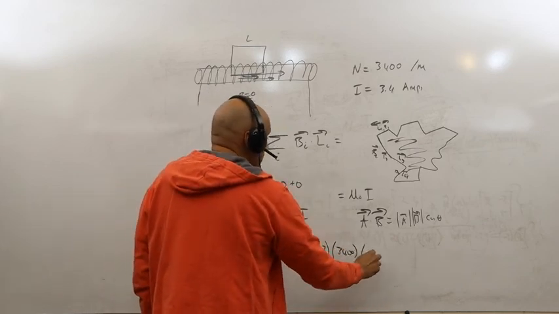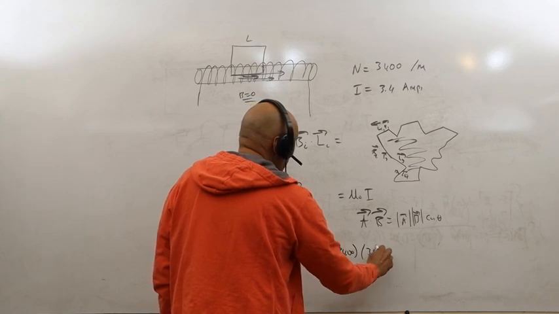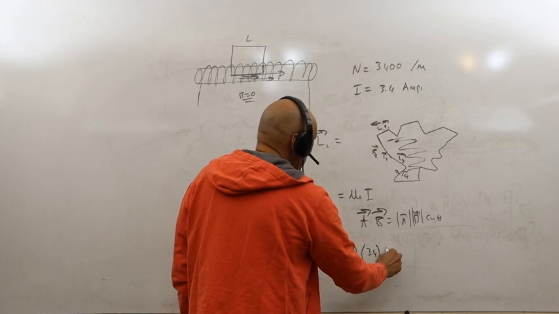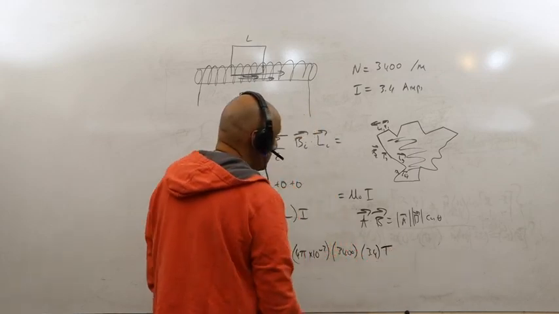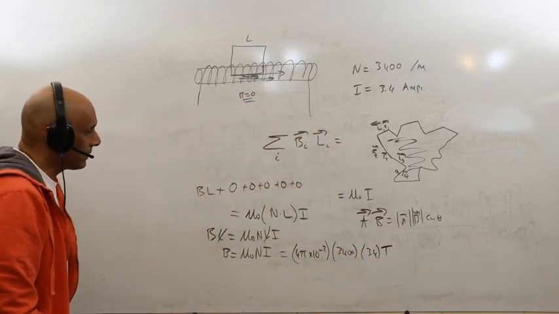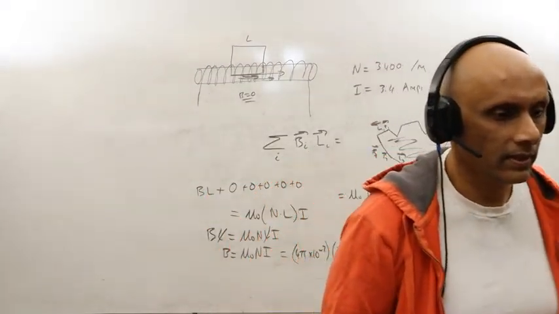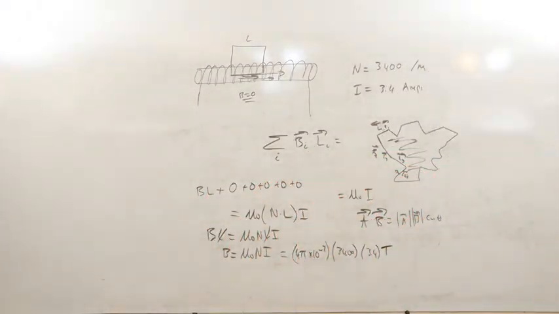The current is 3.4 amps, so standard units, so I don't have to do anything weird. And the units is in Teslas, T's. So that's the magnetic field strength inside a linear solenoid. But we're making sure that you're actually building the answer up from Ampere's law.